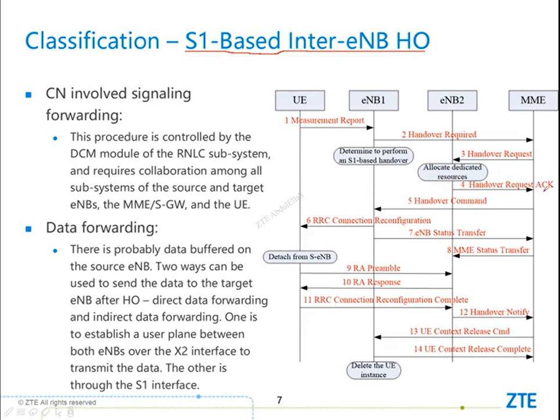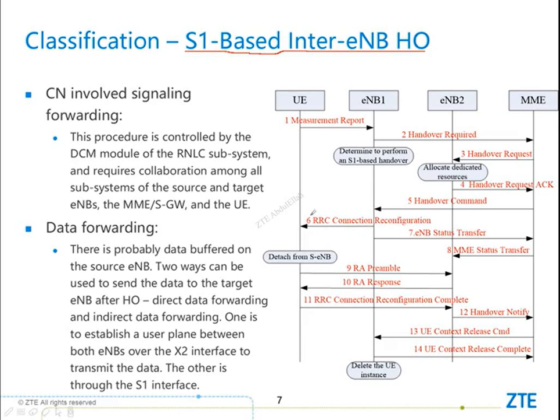Okay, if the MME receives the acknowledgement, it will feed back handover command to the source eNodeB 1. So after the number 5 message, the eNodeB 1 will know the handover can be done. So the eNodeB 1 will send RRC connection reconfiguration message to the UE. Also, this message will include handover command.